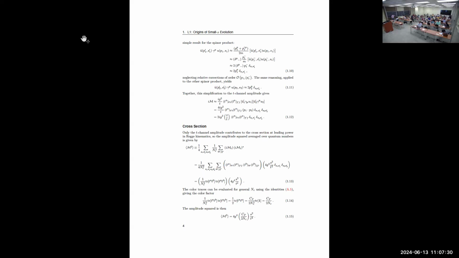So T^a T^a is an invariant of the color algebra. Think of it like rotations in 3 dimensions. My generator is the angular momentum J. An invariant of the rotations is J squared. It's a scalar. It doesn't transform under rotations. That's a general property of all Lie groups. So in the same way, if you think of T^a as a vector with component a in color space, T^a T^a summed over a is the absolute value squared of that vector. Like J squared, it's an invariant of the algebra.